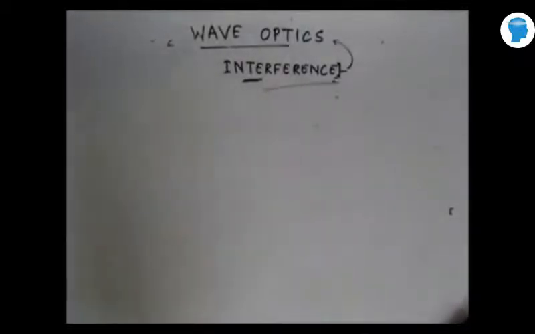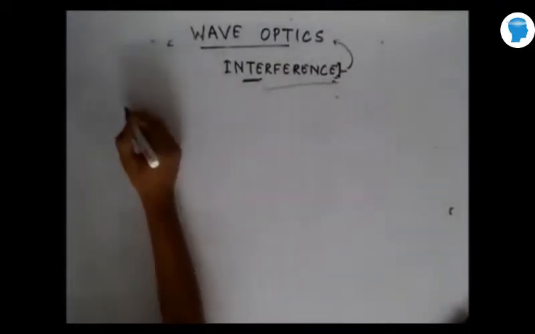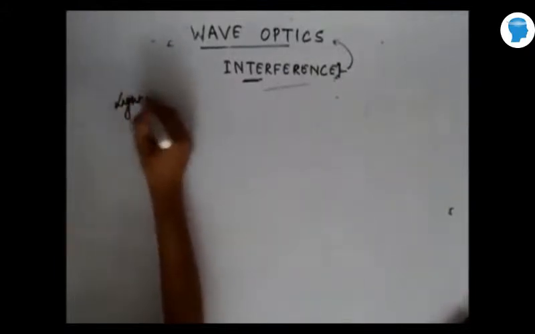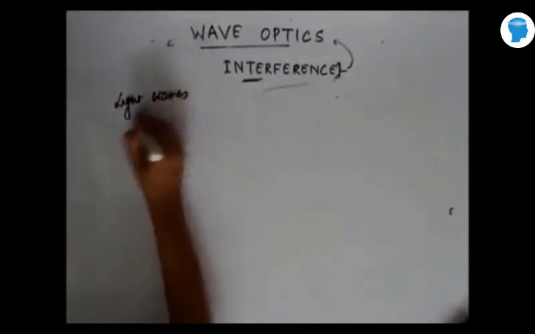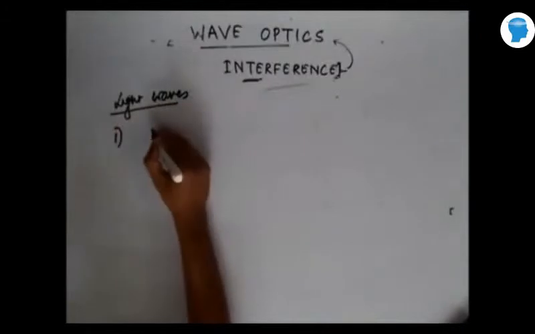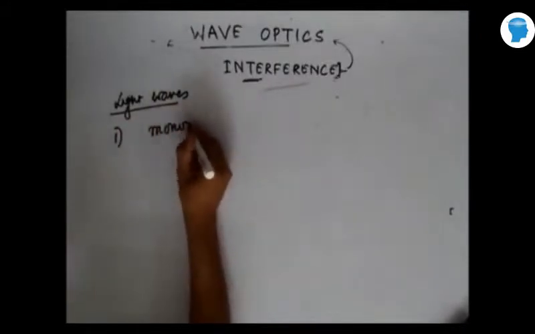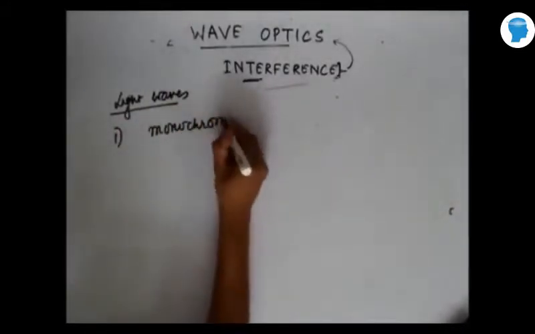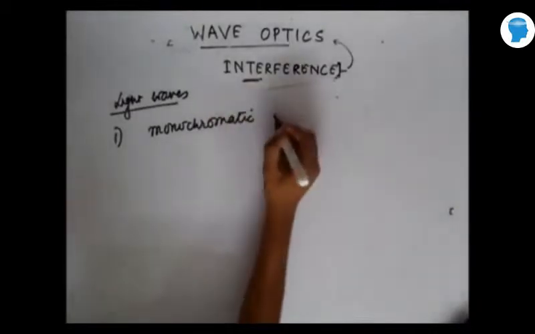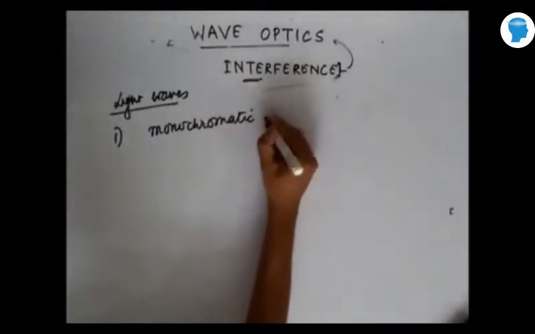We learned that the condition in case of light waves, the first condition for interference to occur is that we should have a monochromatic source, so that the phase difference is independent of time.